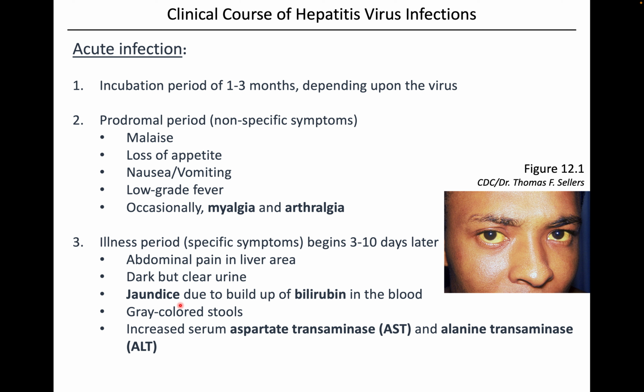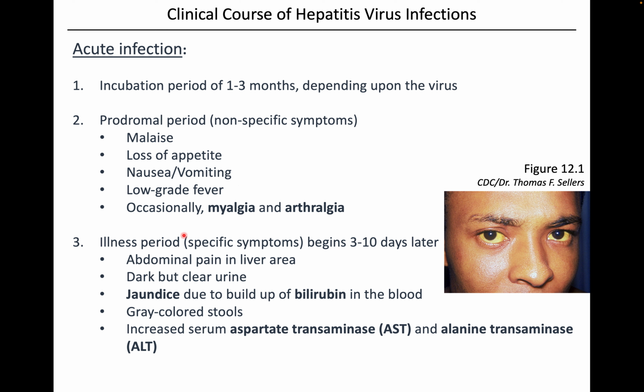So in terms of the clinical course, you have an incubation period that can range from 1 to 3 months, depending on which specific hepatitis virus you're talking about. Then you have the prodromal period, which, as you may remember, is where you're just getting nonspecific symptoms, so feeling tired, nausea, vomiting, potentially a low-grade fever, sometimes muscle aches, back aches.